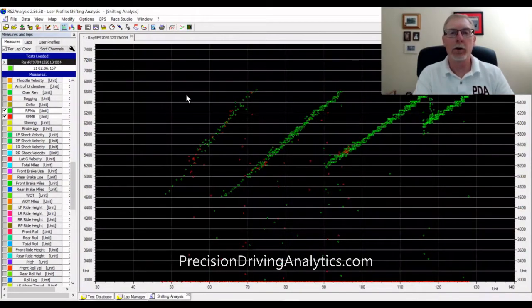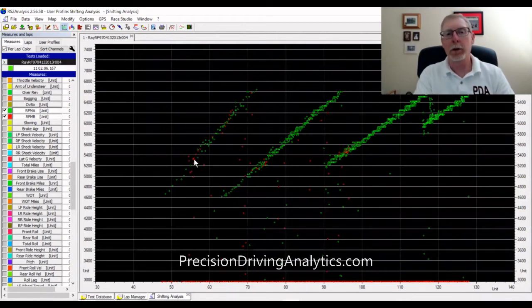All right, so this is a totally different kind of car, low horsepower, only 4-speed. And these are, again, the gears, first, second, third, and fourth. And again, the green dots are when the driver is at greater than 75% throttle, and the red dots are when he's decelerating.